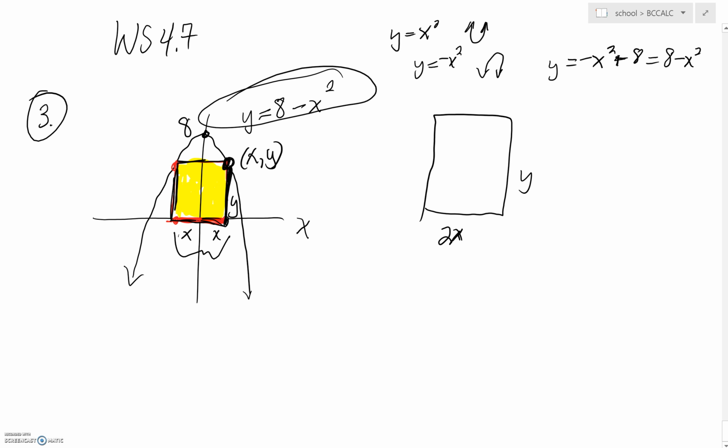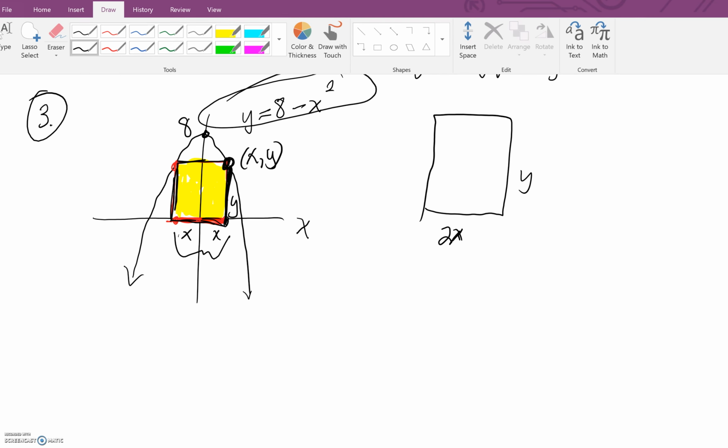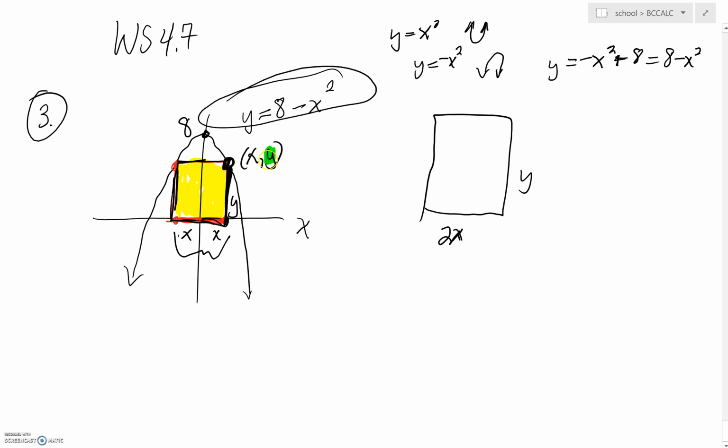But I guess what I'm trying to tell you is that this y coordinate, if I were to look at this point right here, how would I find it? Well, I'm going to say it's really 8 minus x squared.